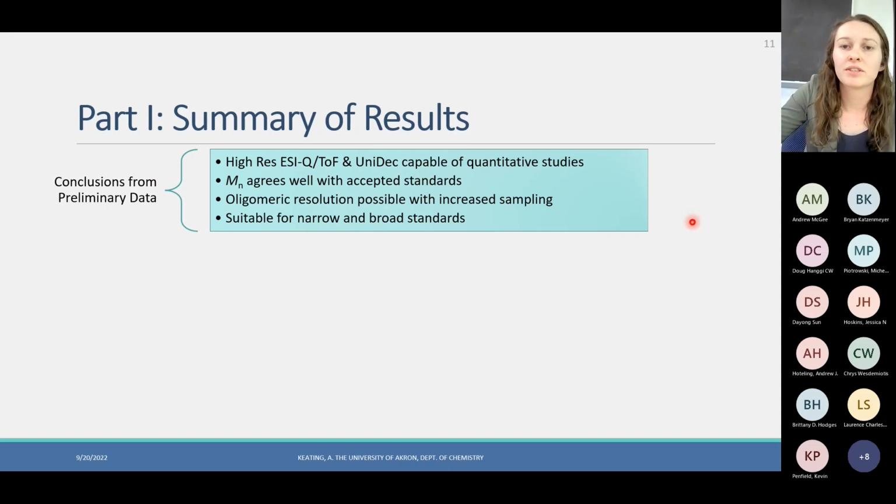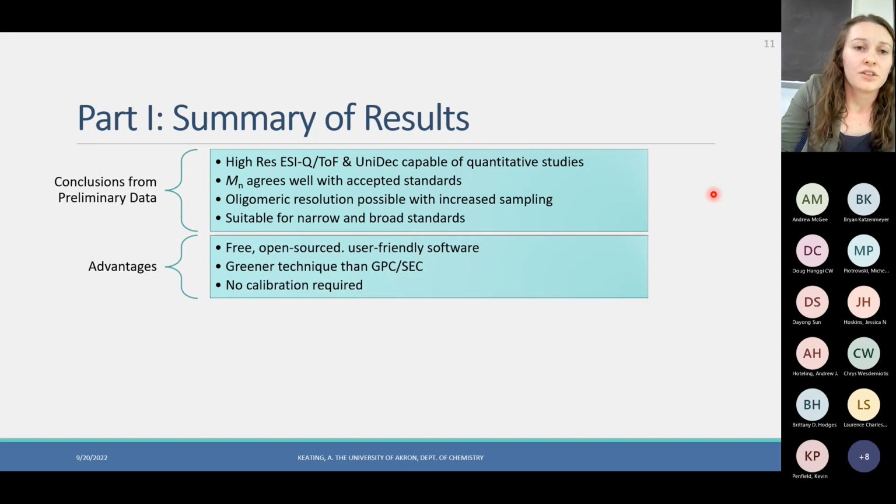Oligomeric resolution was actually possible with increased sampling on the 7K PEO standard. If you tell it to iterate over a shorter distance of mass points in the software, it is able to find those different oligomers, so you can do the same kind of mass spec analysis that you would with something like MALDI. And it's suitable for both broad and narrow standards.